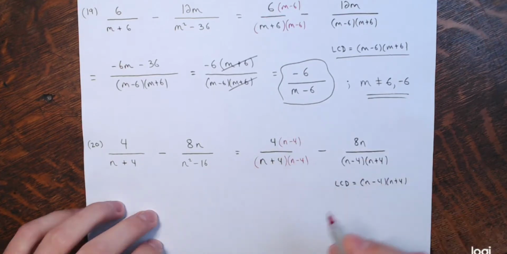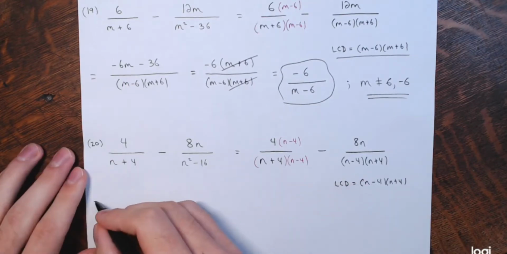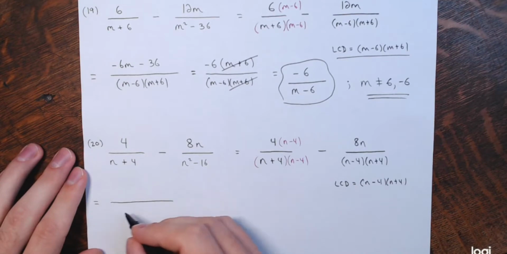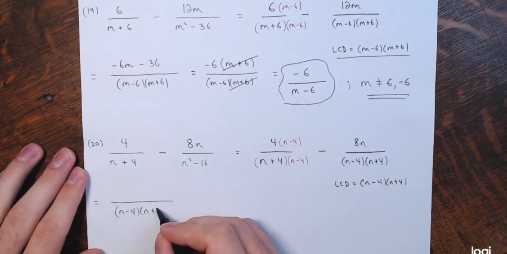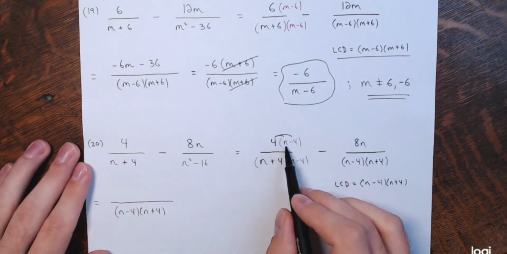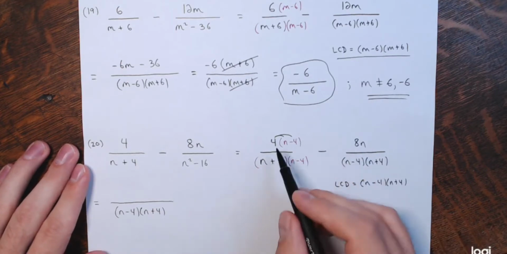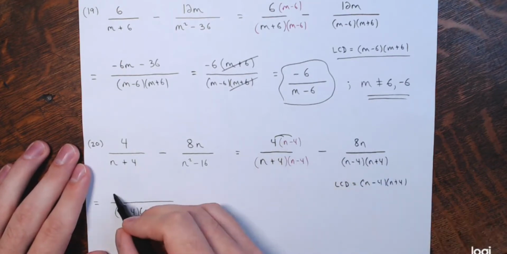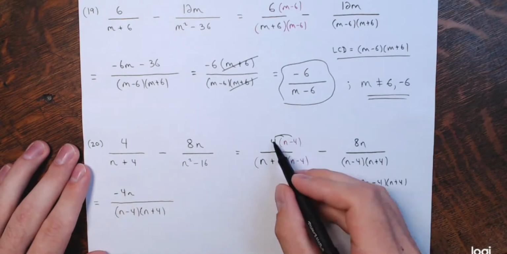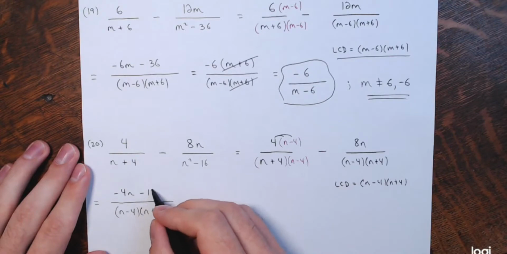And then we subtract. Now the denominators are the same, so that's going to be the denominator of the difference, the LCD, n minus 4 times n plus 4. And then multiplying this, taking the first numerator and then subtracting the second numerator, we have 4n minus 8n, which would be negative 4n, and then negative 16 minus 0 would be negative 16.